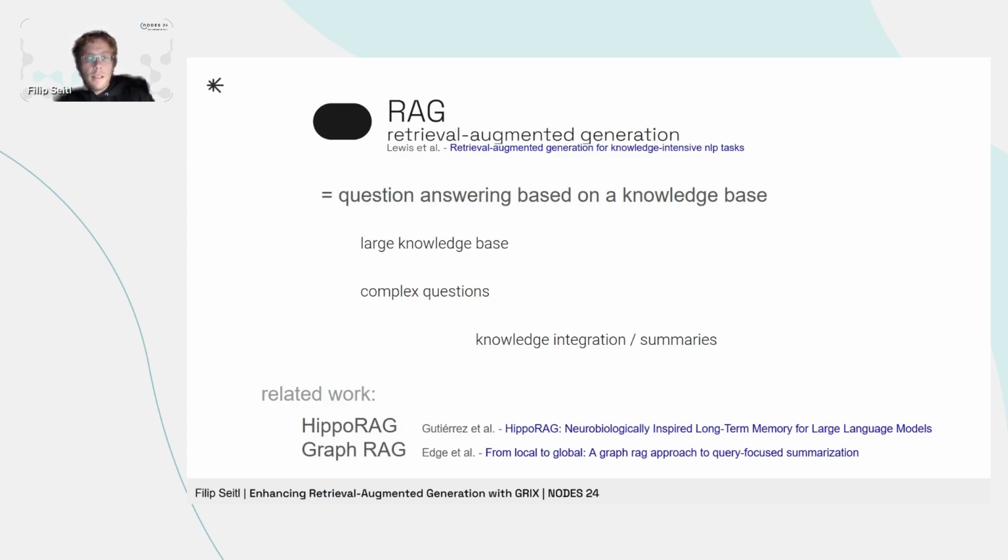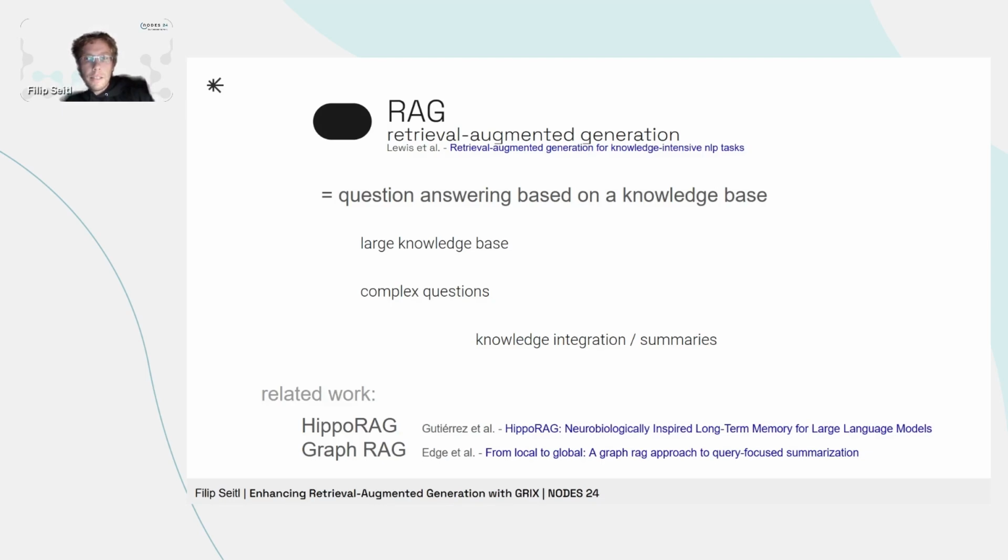And the problems there are very tough. If we have a large knowledge base, a lot of documents, it complicates the performance of classical RAGs. As well, complex questions are difficult to address.